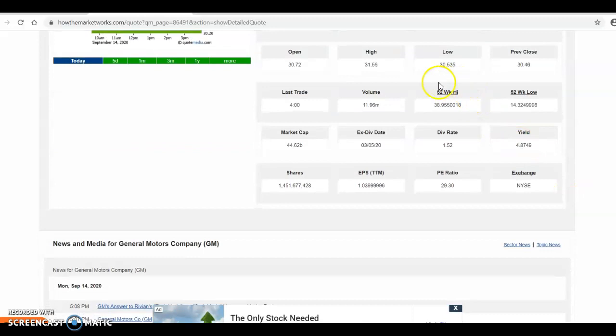The 52-week high means in the last 52 weeks, in the last year, the highest share price for General Motors was $38 and almost 96 cents. And the lowest share price in the last 52 weeks was $14 and almost 32 cents.